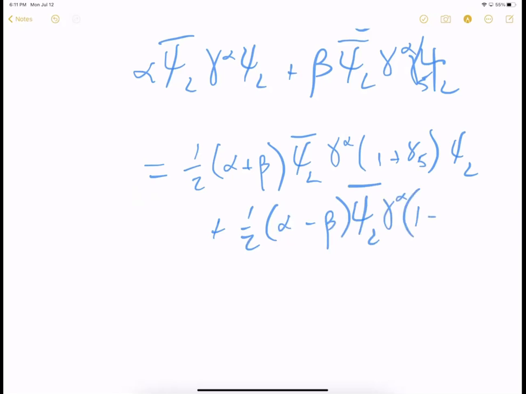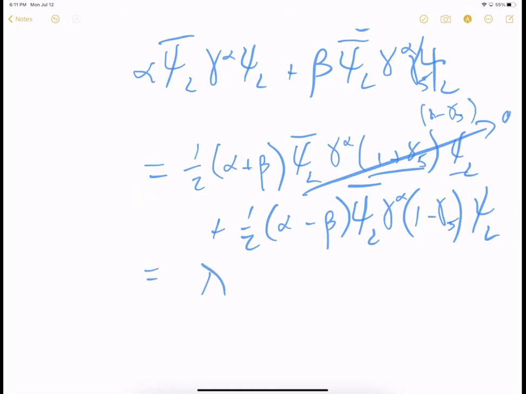This is just taking different linear combinations. All right, so what happens here? Well, psi left has a 1 minus gamma 5 in it. That's a left-handed projection, which is orthogonal to the 1 plus gamma 5. So this term is 0. And so what we get is some constant, never mind what alpha minus beta is. So we have psi left, gamma alpha, 1 minus gamma 5, psi left.